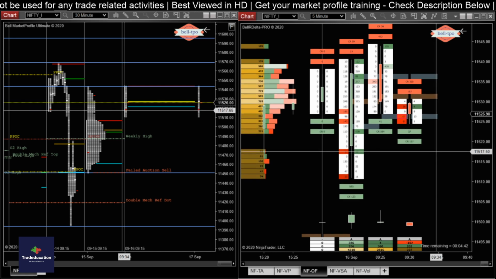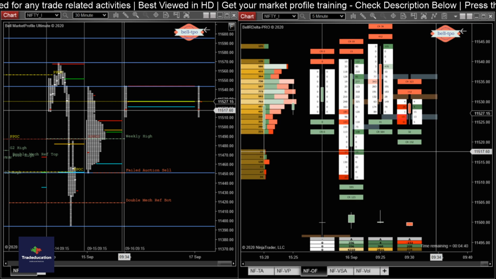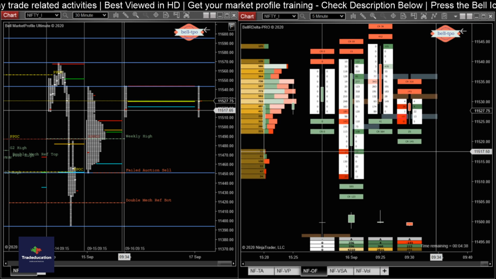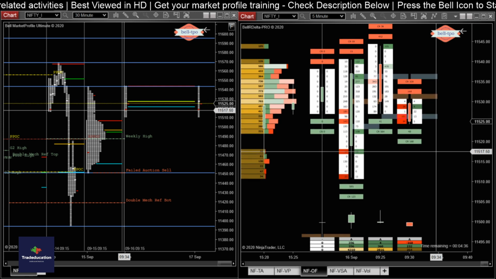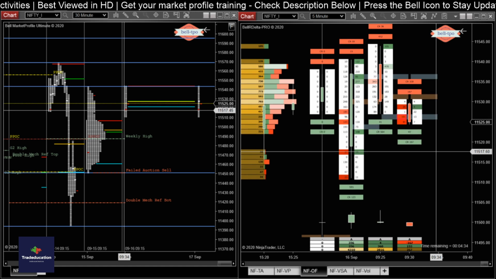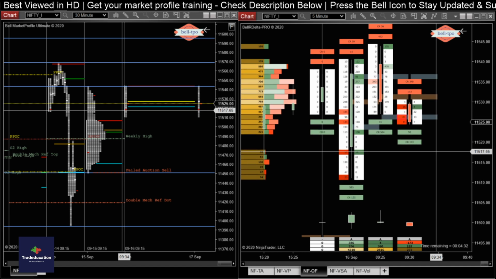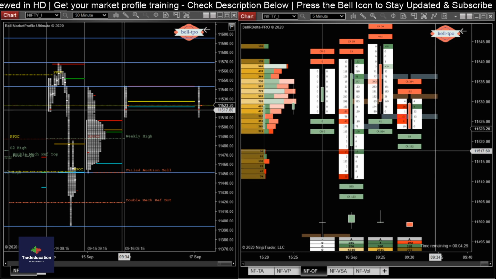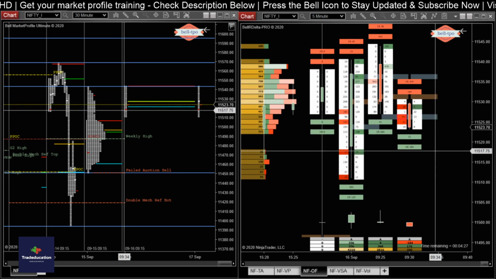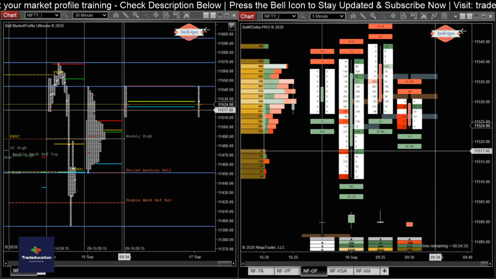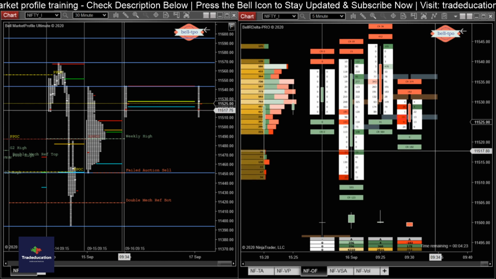Sorry, 11,517 was the stop loss for the long trade. So let's observe whether the stop loss gets hit or not today.